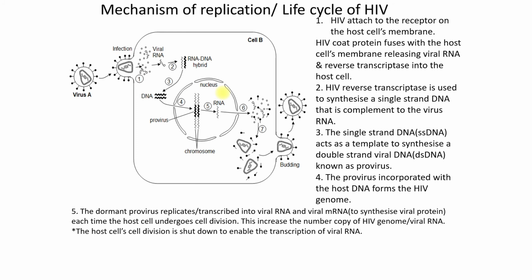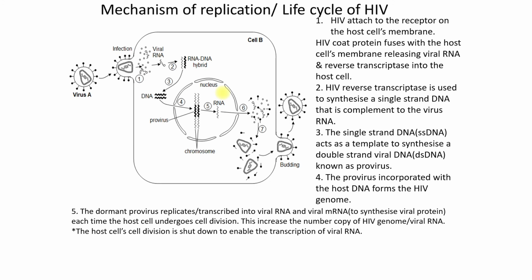Betul kan? Now, by right, helper T cell ni dia proliferate, but that did not happen. The proliferation process of the helper T cell is being shut down. So what happened? The viral RNA is being increased in copies.